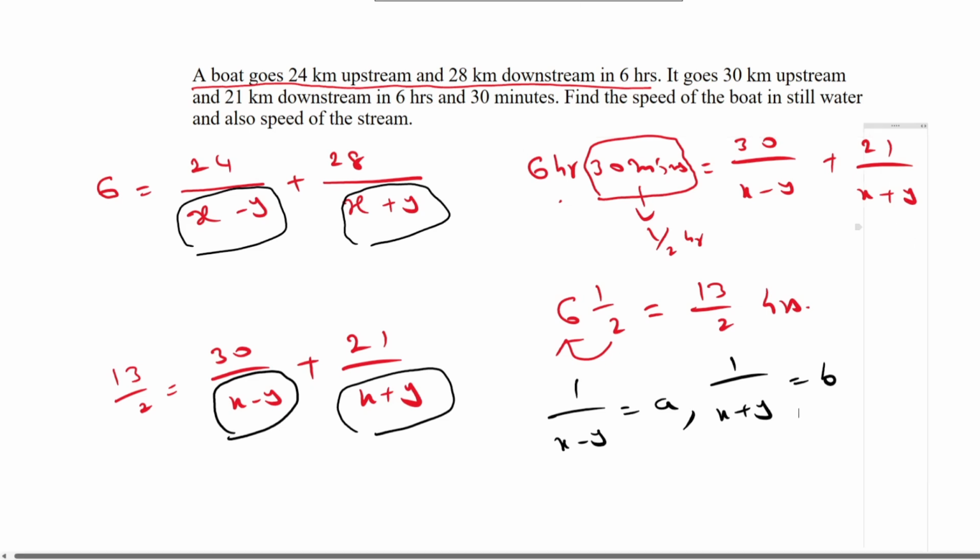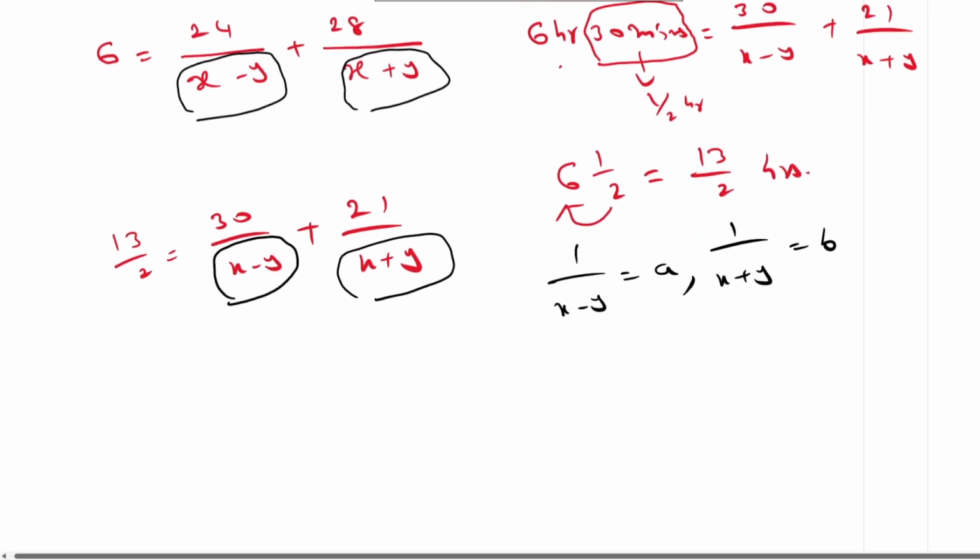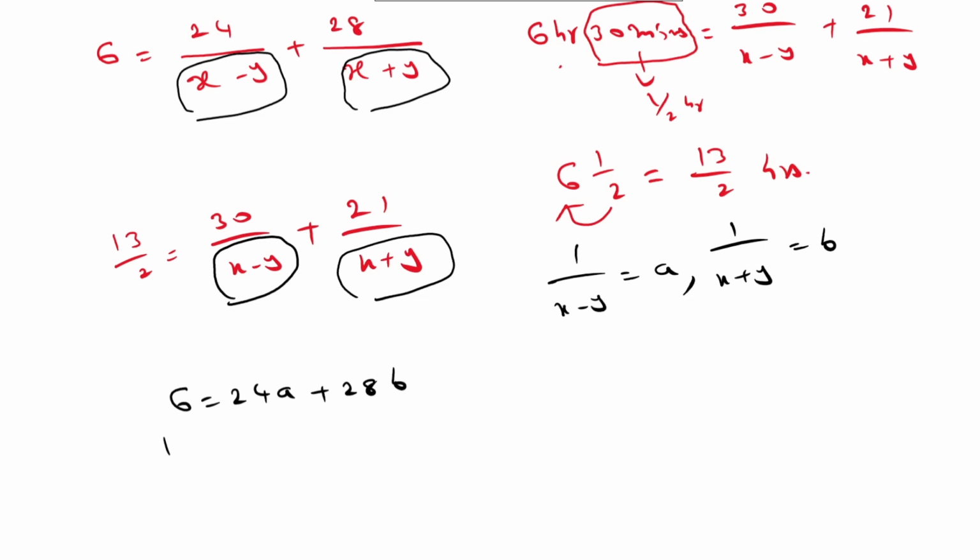Let us write our equations again. 6 equals 24a plus 28b. Second equation is 13 by 2 equals 30a plus 21b.